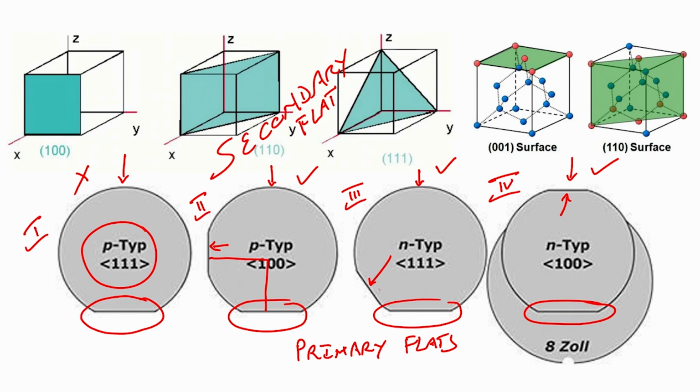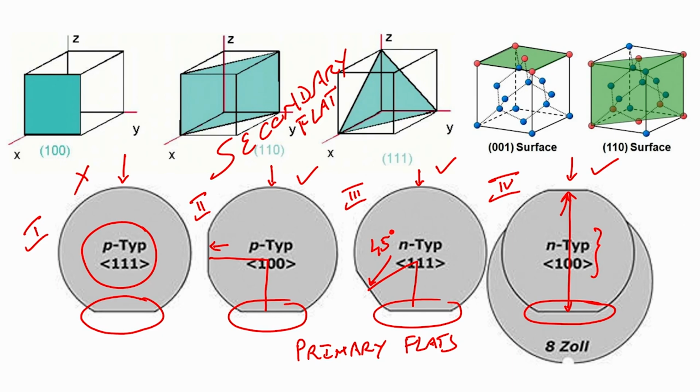If the secondary flat is at 45 degree with respect to primary flat, then we say that this is n type 111 wafer. If the secondary flat is at 180 compared to primary flat, we say that it is n type 100. So, what we learn from here?